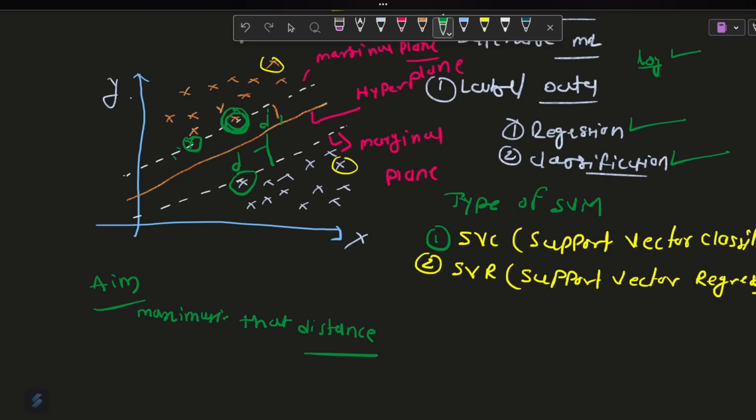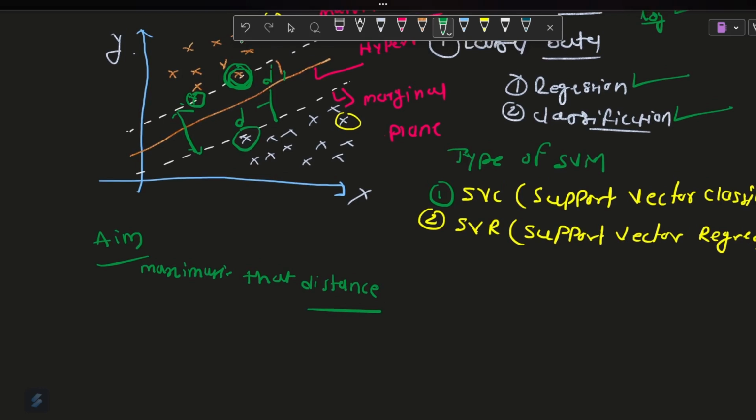So the aim is to maximize this distance in support vector machine. Maximizing it helps the model train well and gives good output and accuracy.